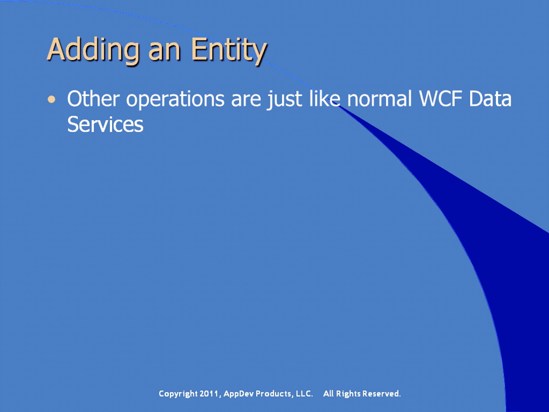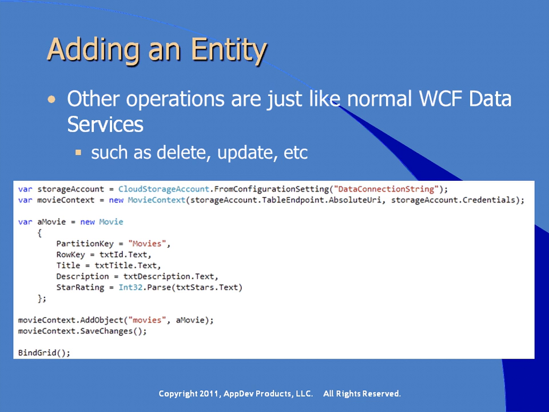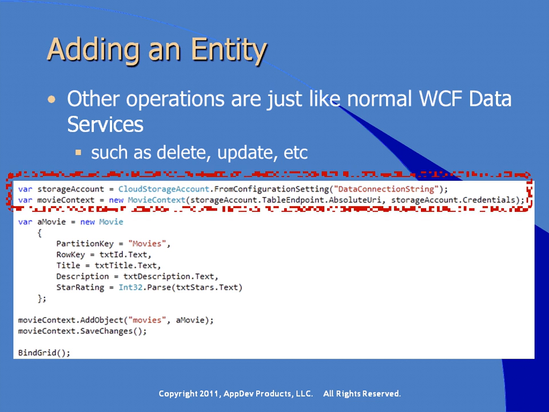Adding an entity includes many of the operations when working with normal WCF data services. For example, you can do things such as deleting and updating and inserting. So let's take a quick look on how you would do that. The first thing you would do is create an instance of your cloud storage account. Then the next thing you need to do is create an instance of the context, and in this case it's the movie context.